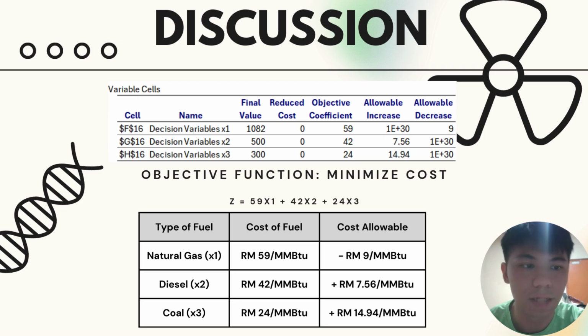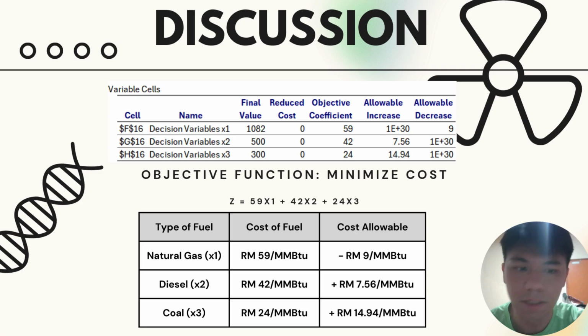Now, looking at the allowable increase and allowable decrease values in the sensitivity analysis table, this indicates the range within which the objective coefficient can change without affecting the optimal solution. For example, X2 diesel has an allowable increase of 7.56, meaning if its cost increases by up to 7.56 ringgit per unit, the solution will remain the same.